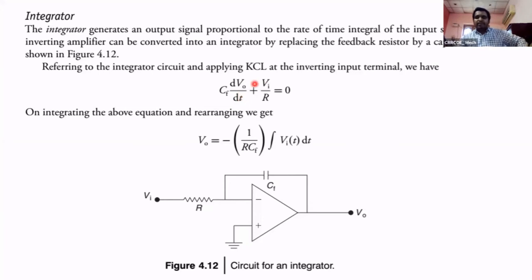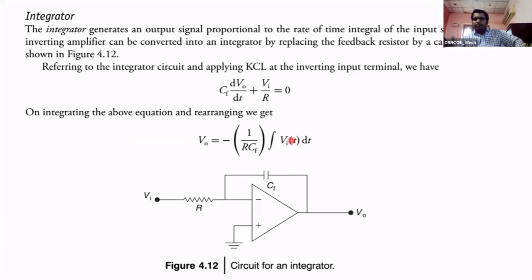Just send the terms to the right hand side. Now we need V0, means the differentiation. You are moving the differentiation towards the right hand side, that is you will integrate. Move the dt outside.